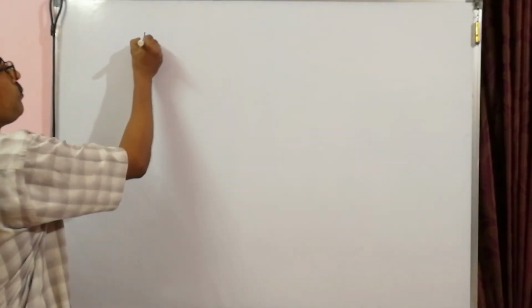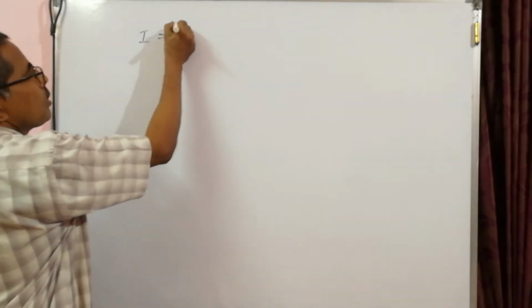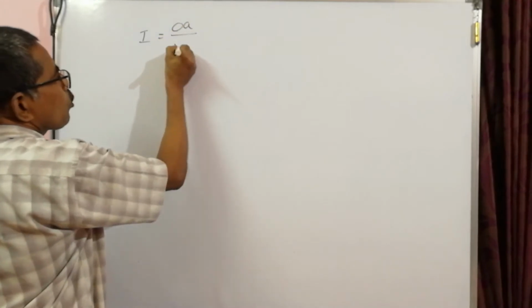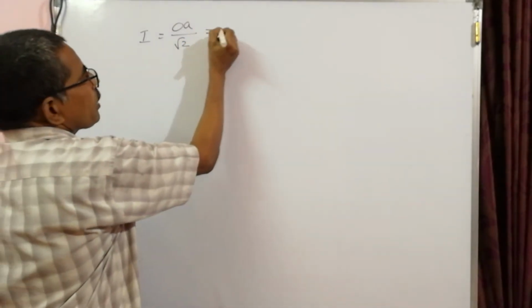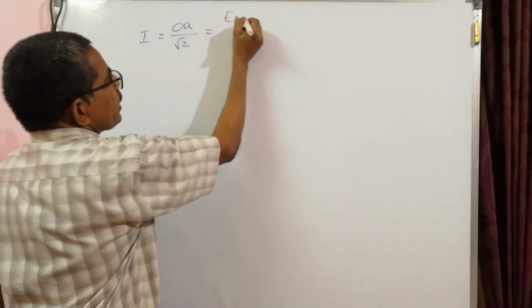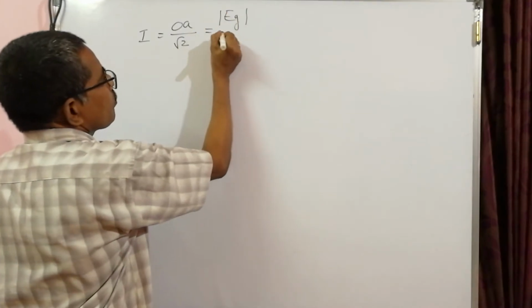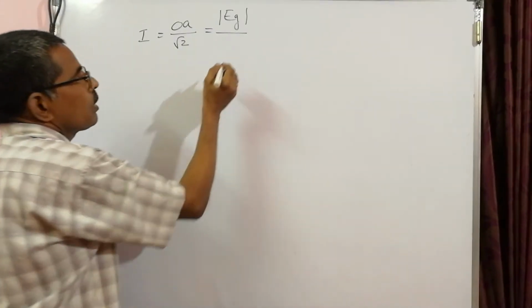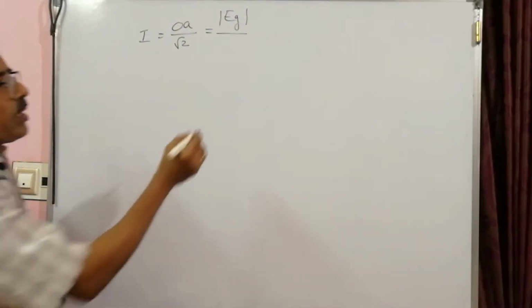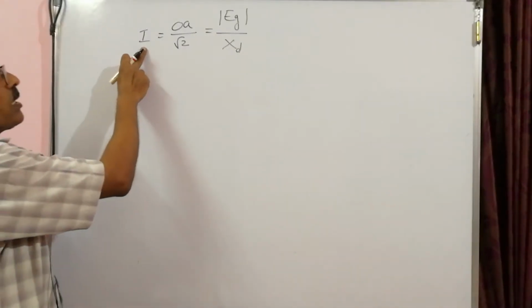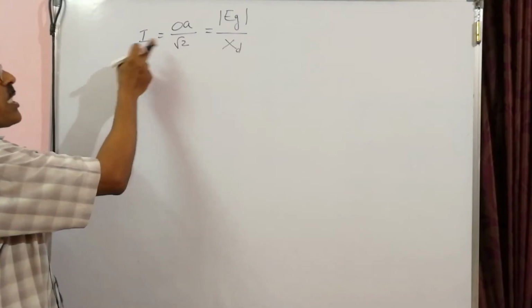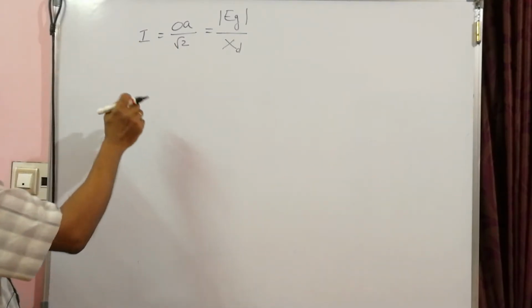I, this is OA by root 2, which is nothing but EZ by XD. What is this I? This is the steady state fault current.